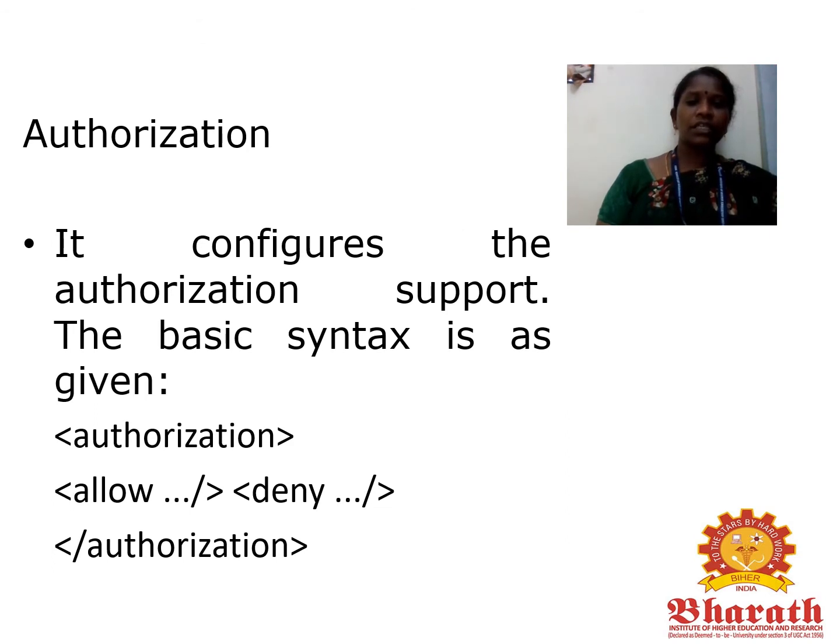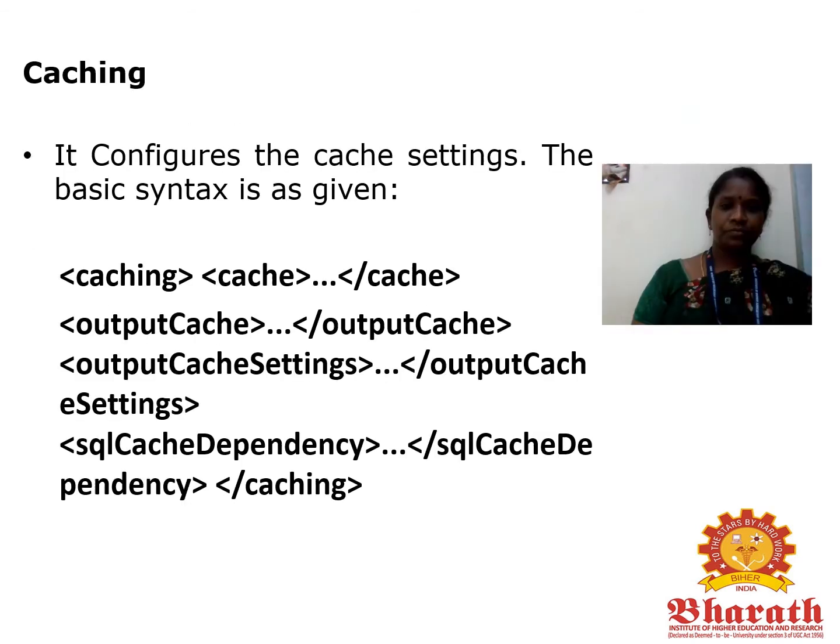Authorization. Authorization configures the authorization support. The basic syntax is authorization with allow and deny. For example, a Gmail account, Google account, or Facebook account all come under authorization. Next, caching. Caching is a secondary storage area.